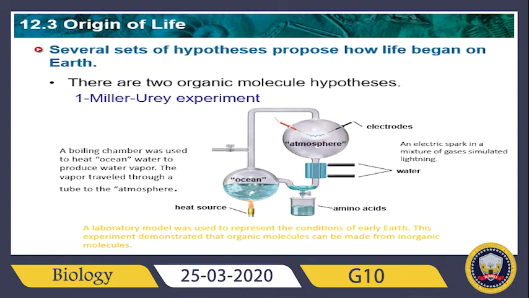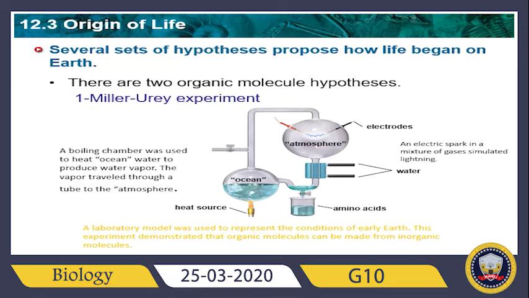So Miller and Urey built a system to model conditions they thought existed on early Earth in order to test this hypothesis. They demonstrated that organic compounds could be made by passing an electrical current to simulate lightning through a mixture of gases.